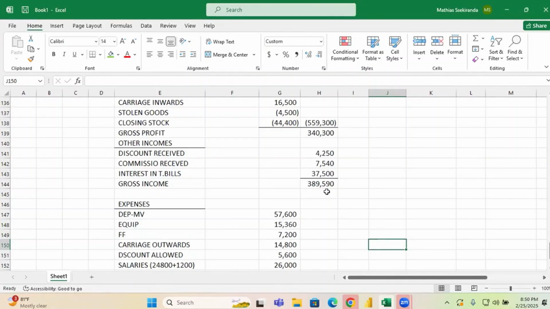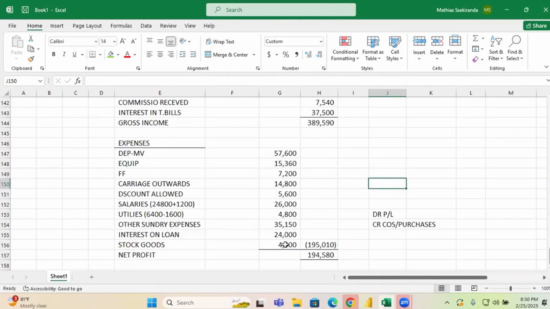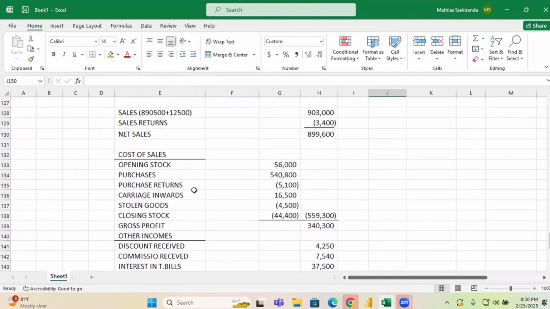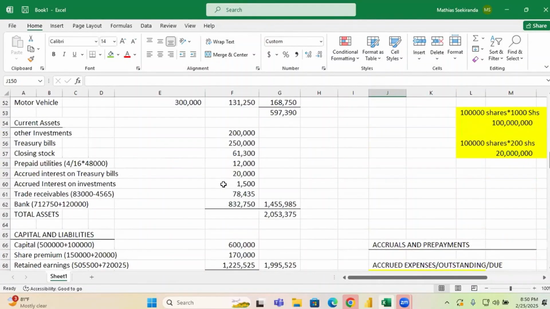Nothing has changed. In this number we have not computed provision because in the additional information the examiner did not tell us to compute provision. But the rest are the same. Only that here we are bringing in an element of stolen goods.